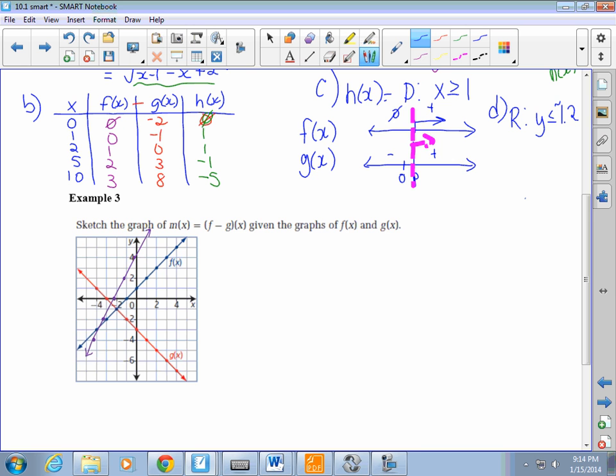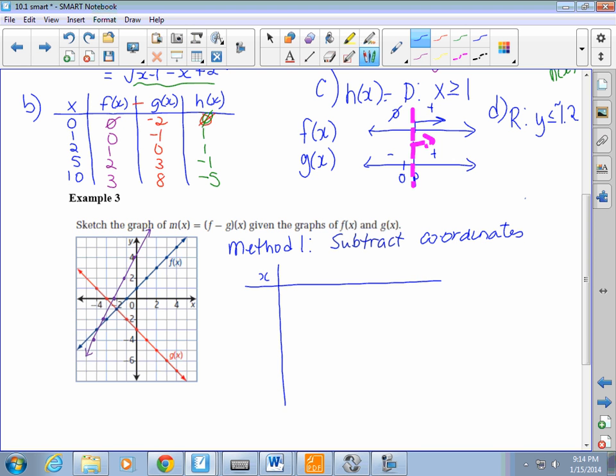Method 1 is to subtract coordinates. So what you would do is you do your x, your f of x, g of x, and then from there you would find your h of x.